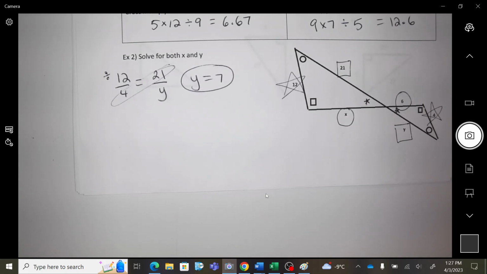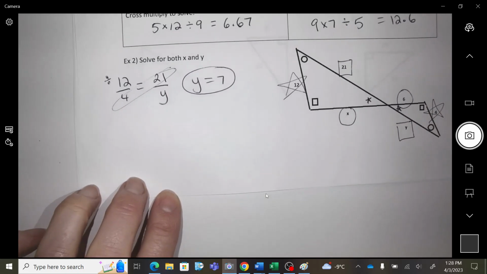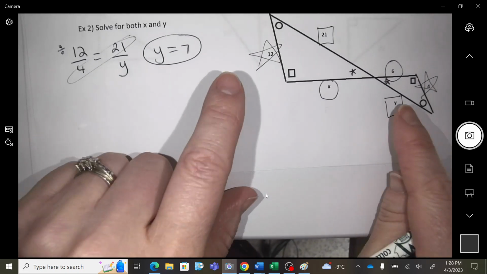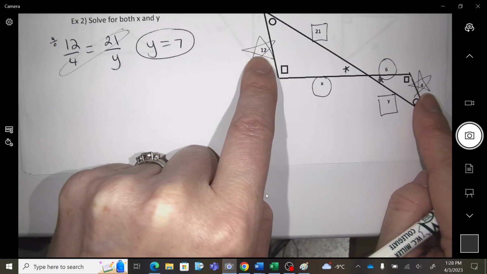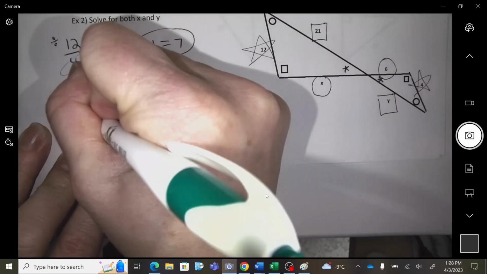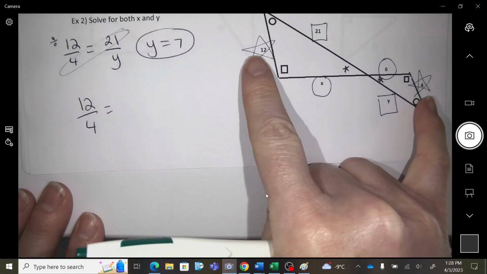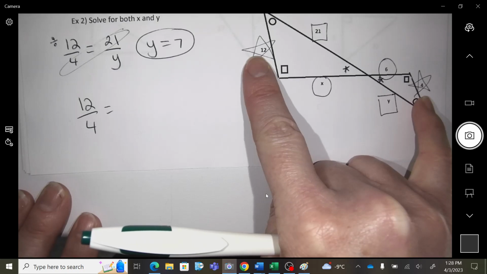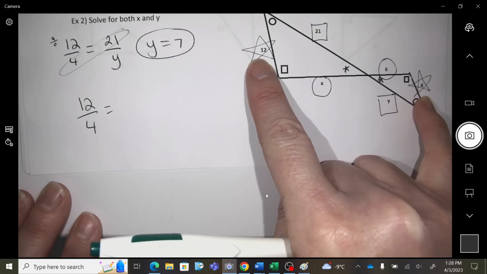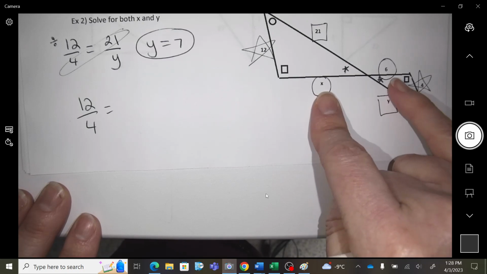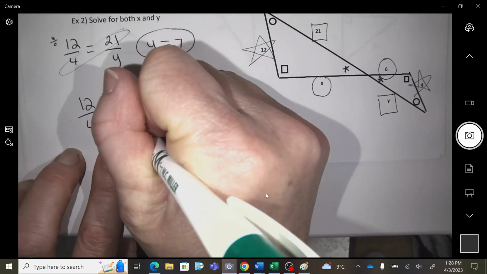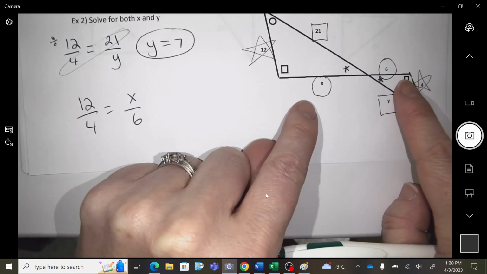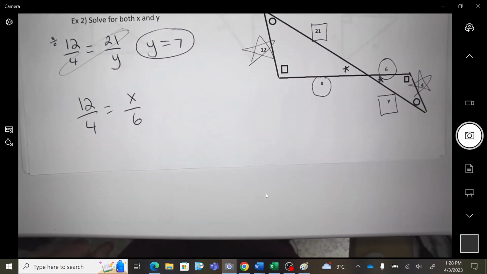Okay, so now I'm going to keep the same ratio we started with. We already matched up 12 and 4 with each other. So the match of the 12 to 4 is the same match as, and now we got to go with the circles. How do you write the circle matchup? X to 6. These two should be the same rate of change as those ones.